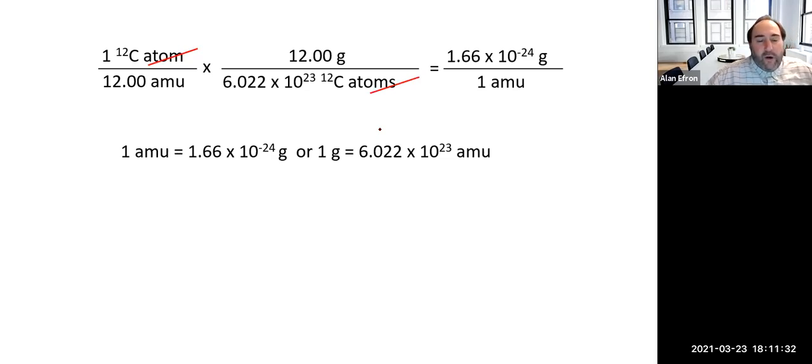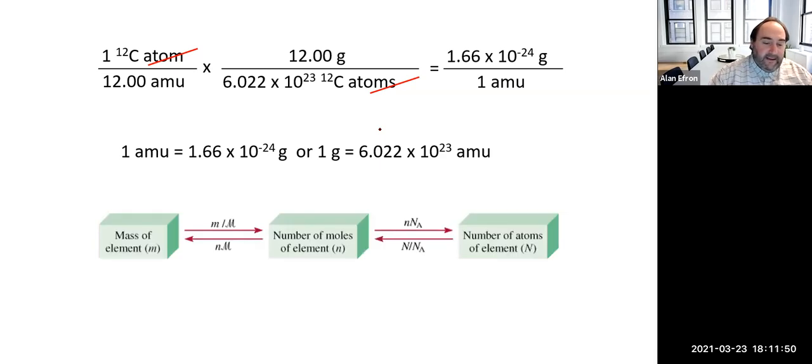That's really why, when you look at the atomic mass in AMU per atom and convert it into grams per mole, it comes out the same.